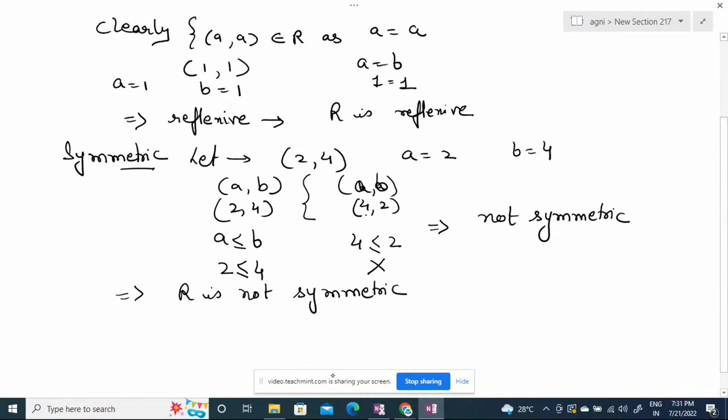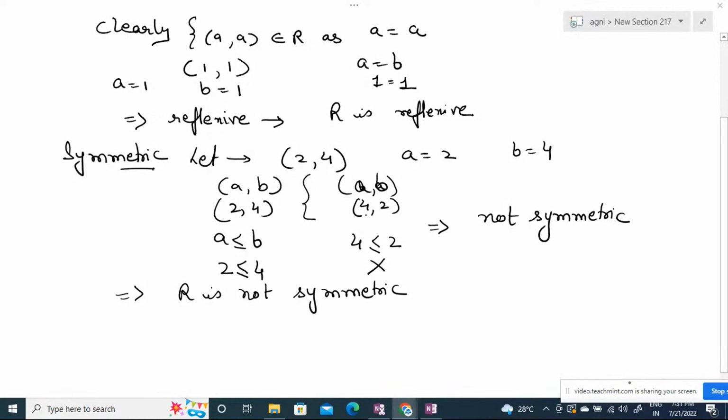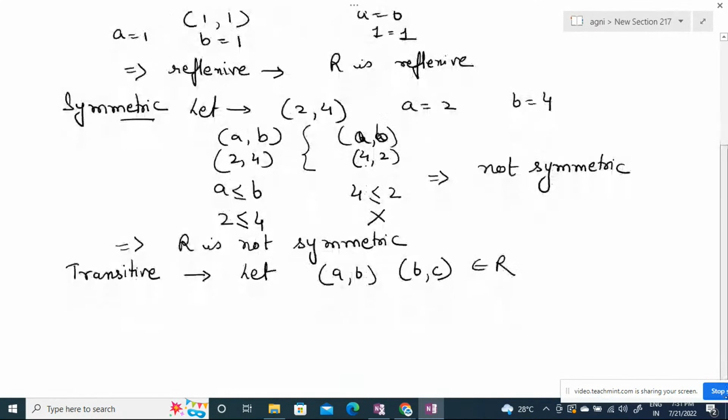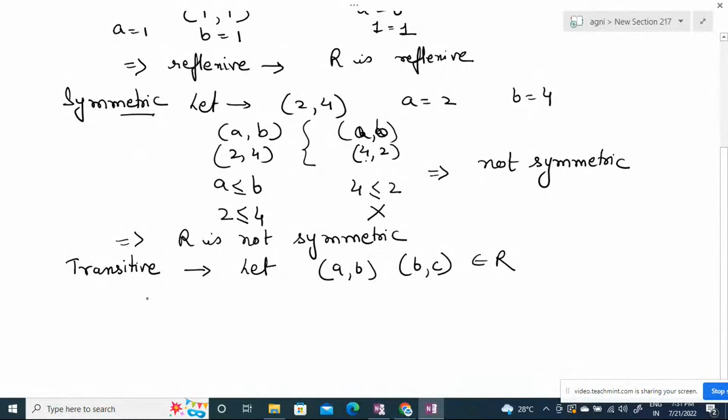Now we have to check for the last condition whether it is transitive or not. For the transitive we have to take 3 elements. So now I will take the ordered pairs (a, b) and (b, c). Now let these ordered pairs belong to the relation R. Now from here, applying the condition, we can write a is less than equal to b and b is less than equal to c. Now we check whether a is less than equal to c or not. It is obvious that a is less than equal to c. We can take one example.